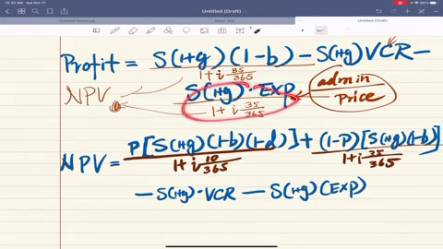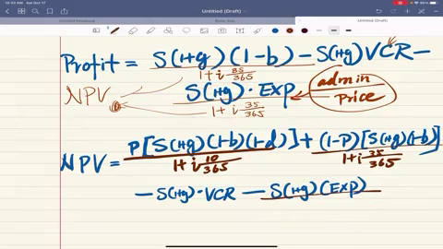The last part is also the same thing. Now you have your new net present value with the discount policy.